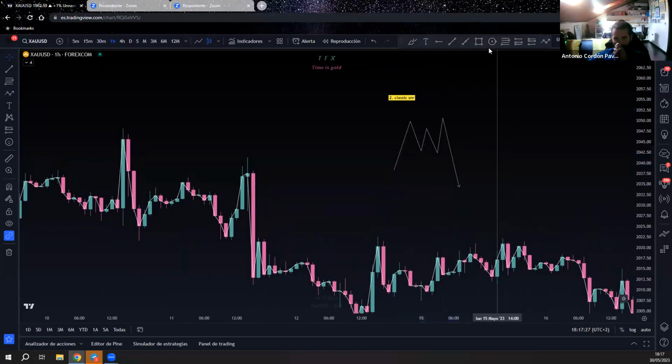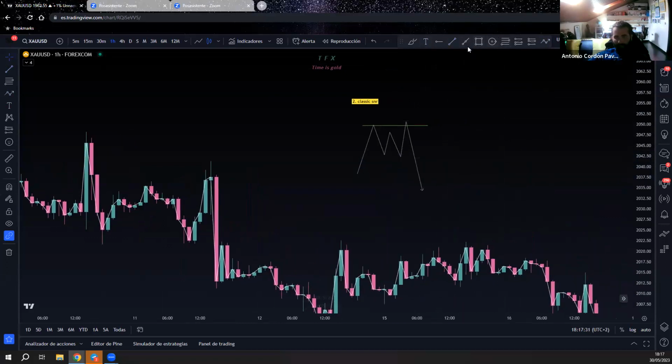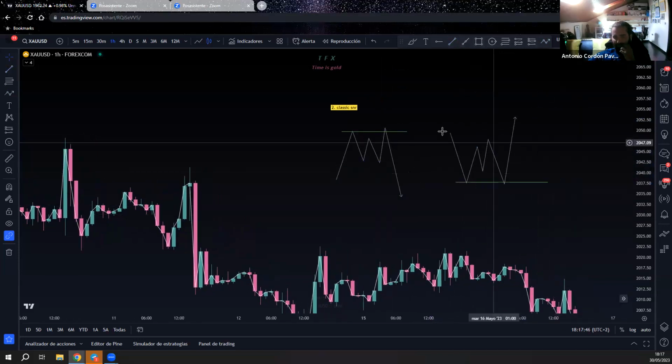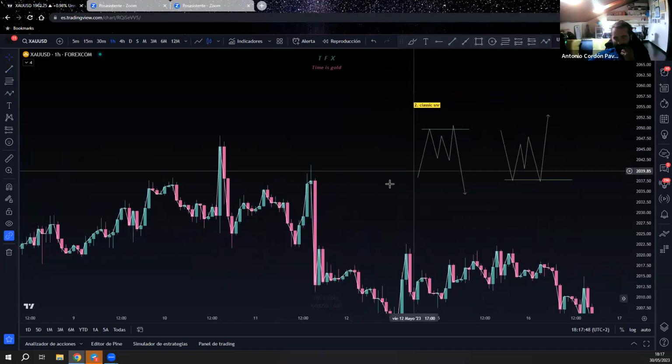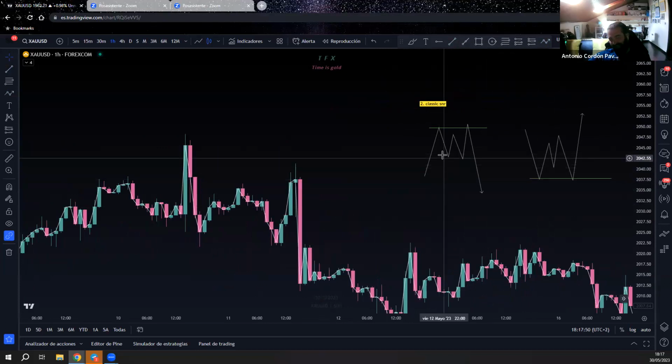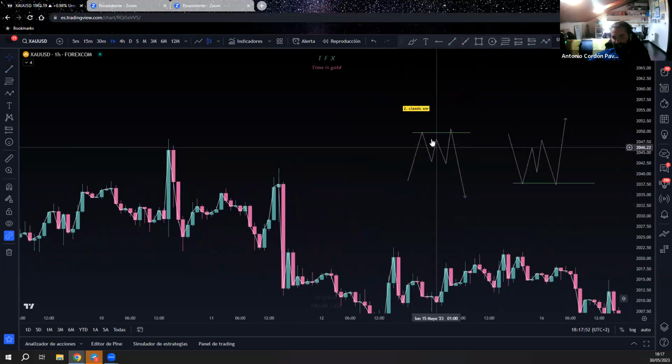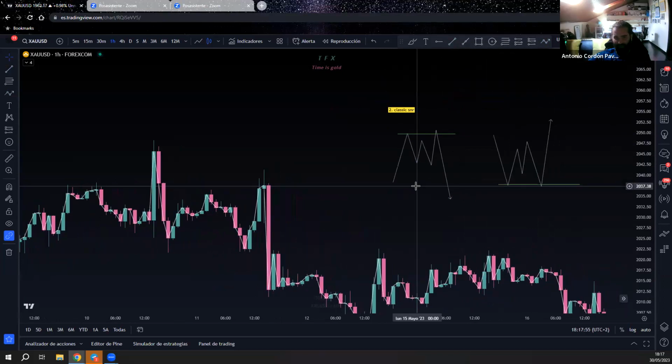This is for the down example, and then we have the other one that is something like this. We have a miss, confirm the level, then like that. This is very easy to find because it's like trying to find support and resistance, so it's not complicated. It's the first thing that you have to know when you come to trading.